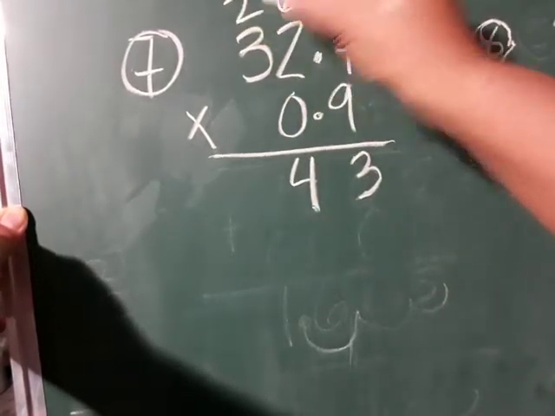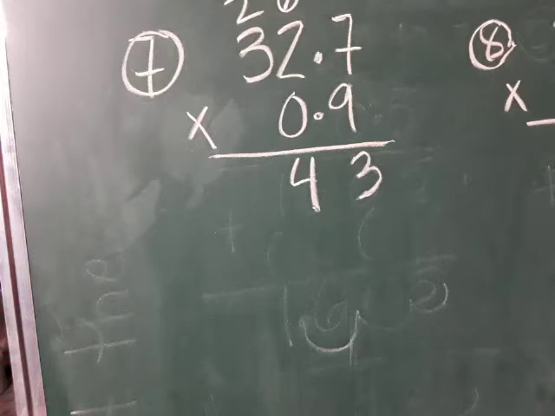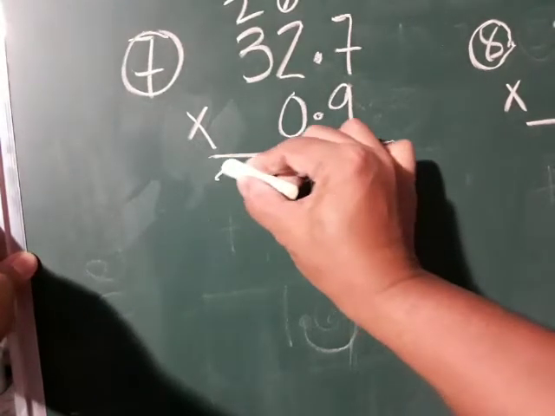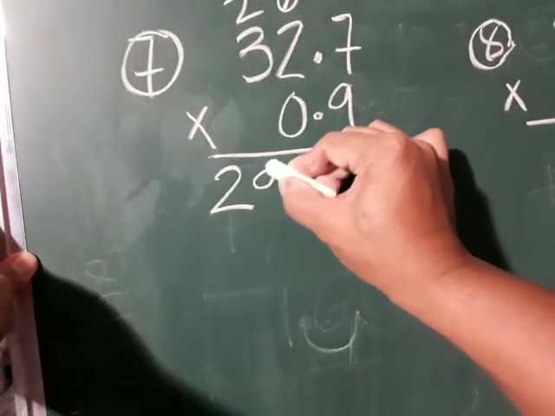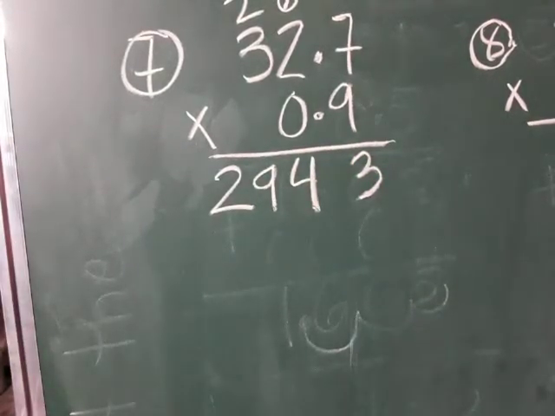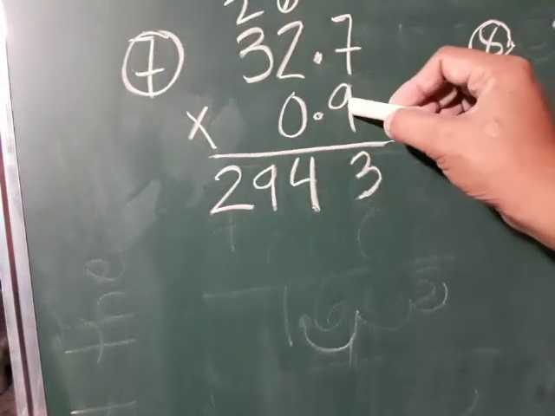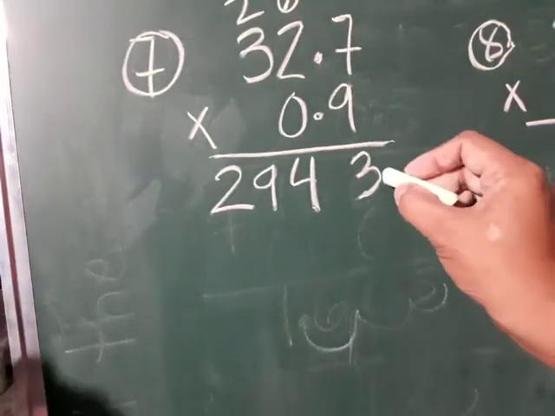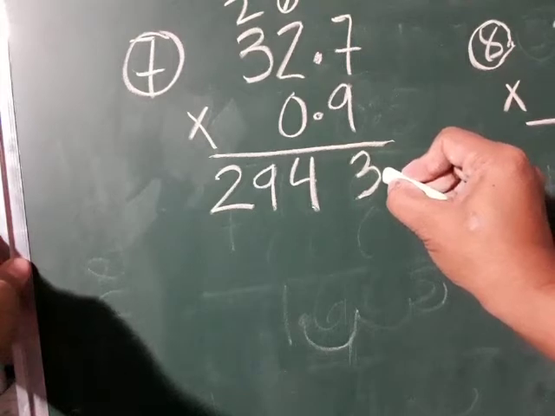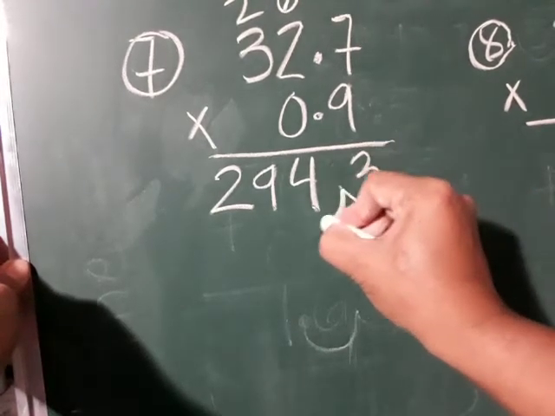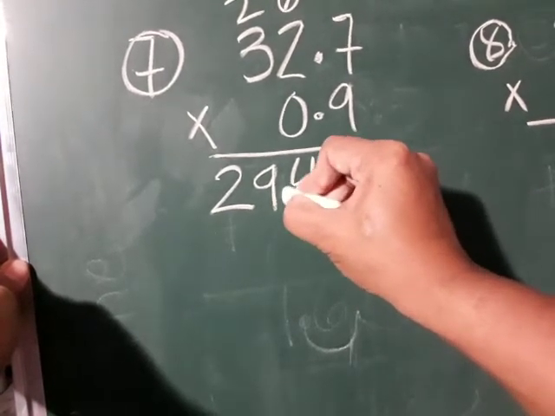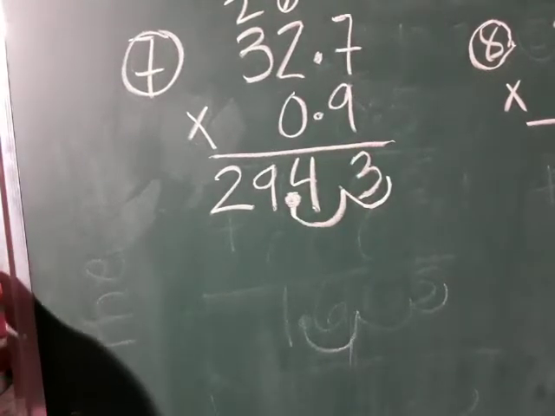Carry 2. And then 9 times 3 is 27. Plus 2, 29. So this is quite easy. Then count the number of decimals on the right side of the decimal. 1, 2. So let's move backward. 1, 2. Okay, so madali lang.